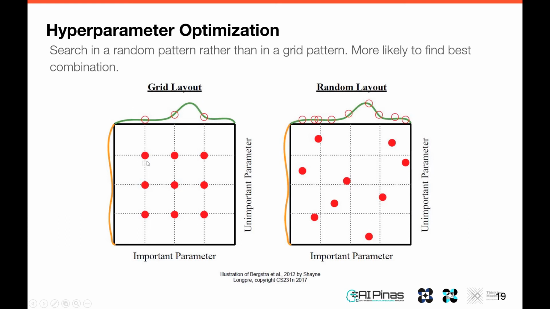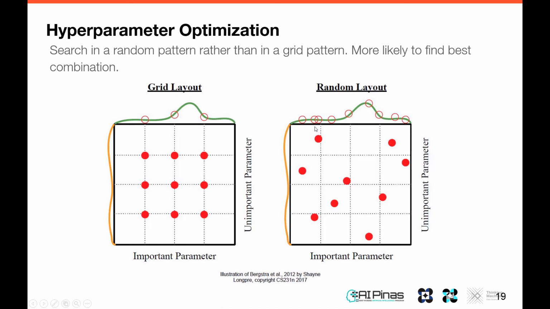If you search in a grid pattern, you actually never find this point of most improved performance. The trick with a lot of these hyperparameter choices is that they're not distributed normally. You can't count on a normal distribution. You can't count on any type of sensible distribution. It is really all over the map.